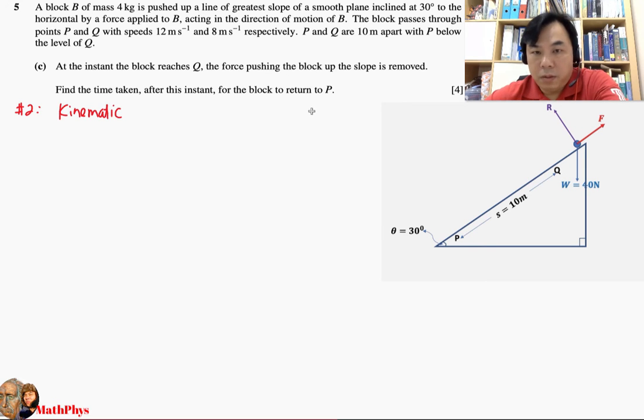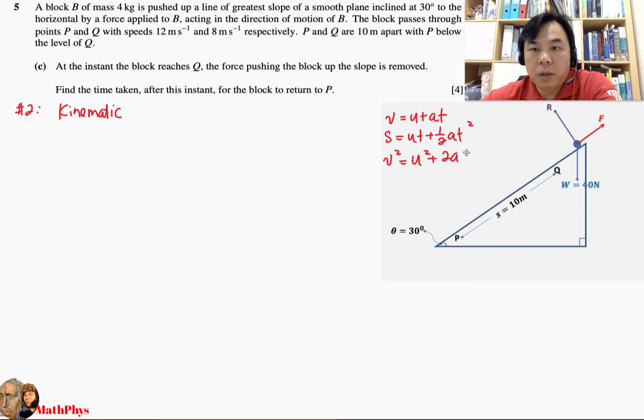Now I'm going to rewrite the kinematic equations again if you need them. So we have V equal to U plus AT, and then V squared equal to U squared plus 2AS. All right, that's what we have.